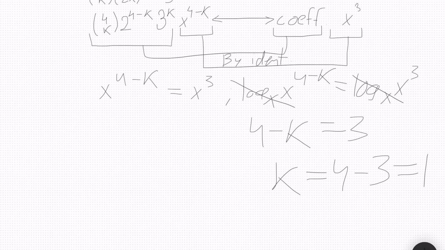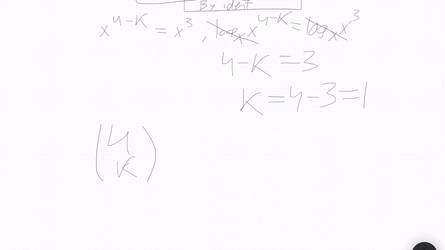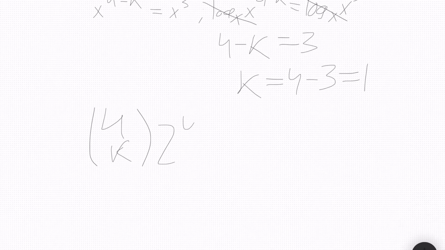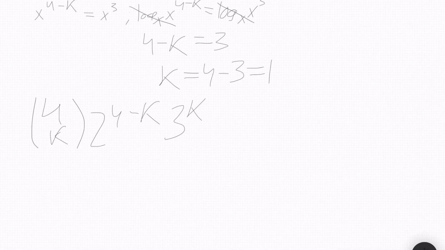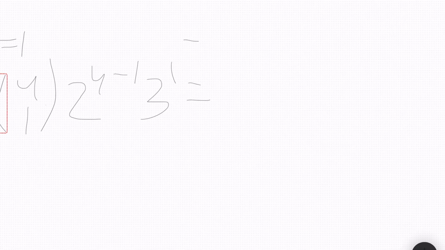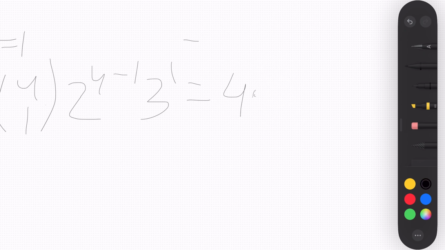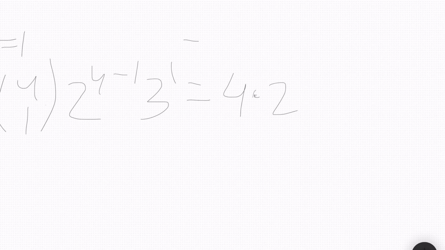So, let's input these values now in order to find our coefficient: 4 choose k times 2 to the power of 4 minus k times 3 to the power of k. Since we have our k equal to 1, we have 4 choose 1, which is 4, times 2 to the power of 3, times 3 to the power of 1.